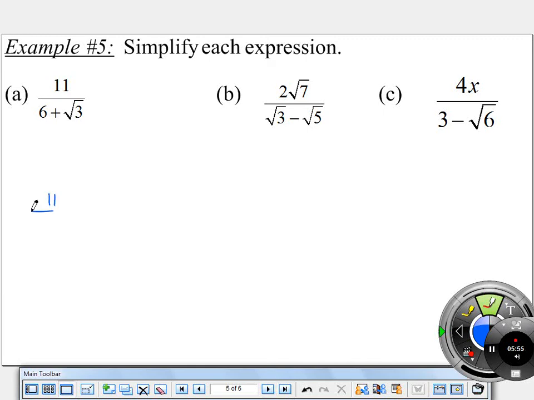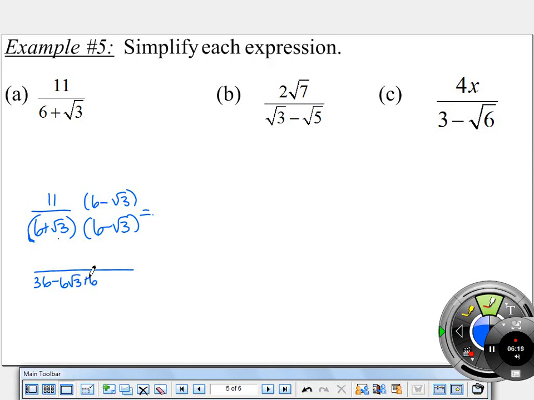So why would we want to know that for problems like these? If I have 11 over 6 plus rad 3, and I don't want this radical in the denominator, then I'm going to multiply 6 plus rad 3 times 6 minus rad 3, and then I have to do the same thing in the numerator. The reason that's my choice is because remember what's going to happen here in the denominator. I'm going to get 36 minus 6 rad 3 plus 6 rad 3 minus rad 9.